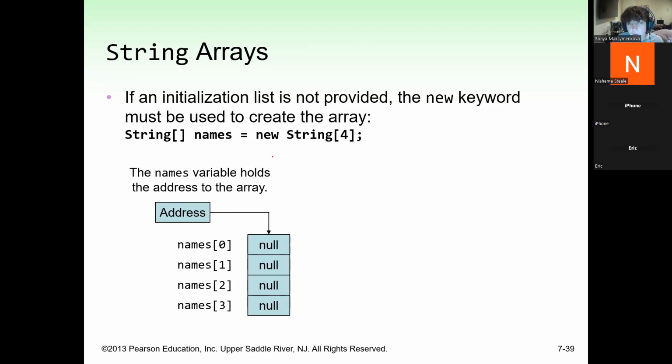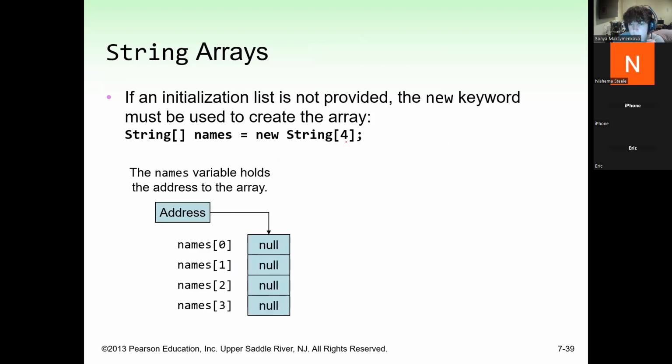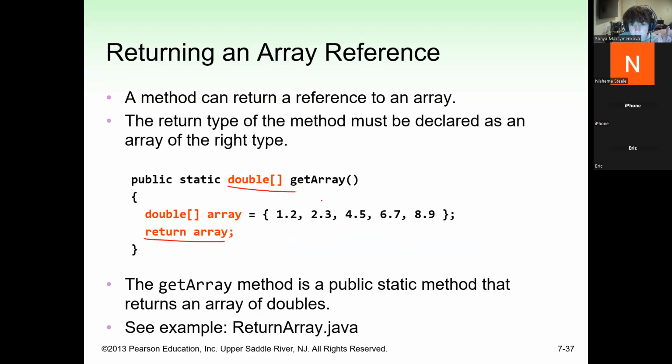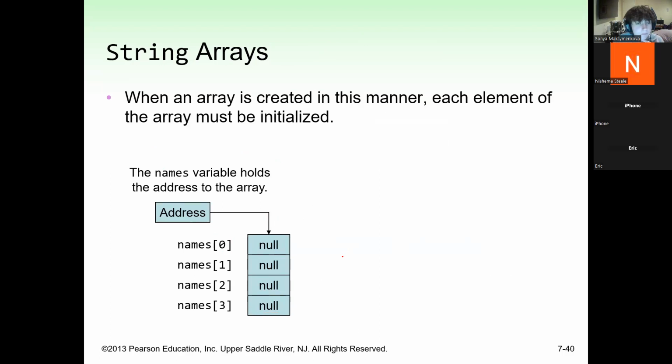If you do not provide a list like this of your values, you have to specify how many elements you want your array to have. The same idea as with any other arrays. But the only difference is when you're creating an object array instead of a primitive data type, you will have the value null if you do not assign any of the values to your array when you're initializing it.